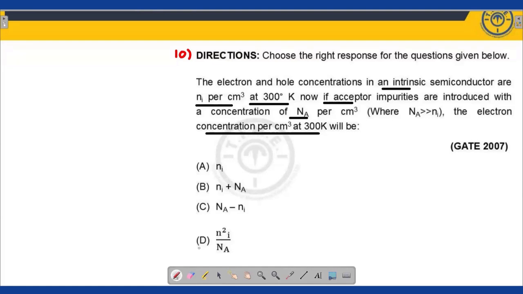Okay. So here, we need to go for the intrinsic semiconductor as given. First of all, intrinsic semiconductor means you have to go for the mass action law, once again.